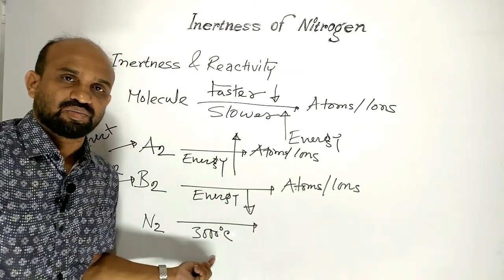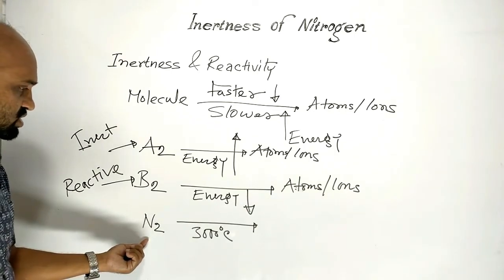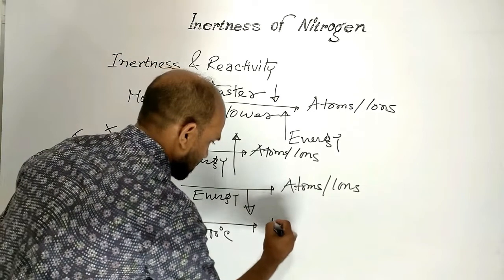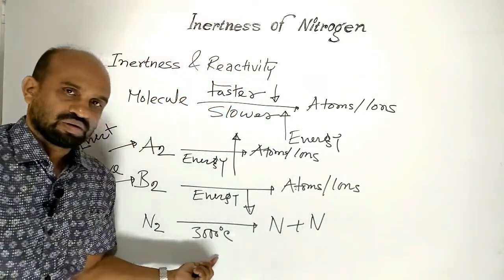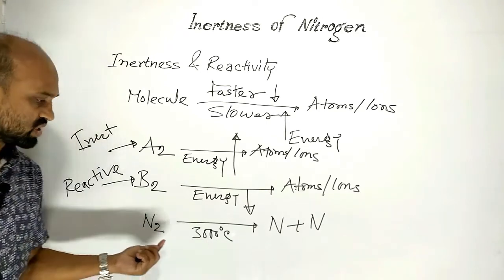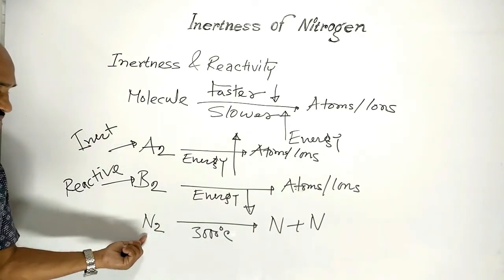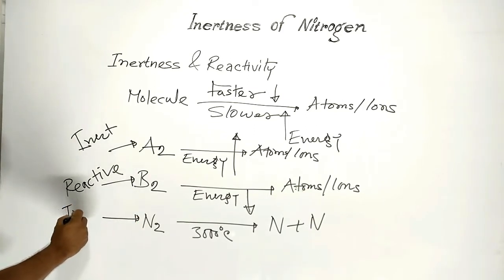At this high temperature, this diatomic nitrogen molecule breaks into nitrogen atoms. Because of the high amount of energy required to break the nitrogen molecule, nitrogen is called an inert molecule.